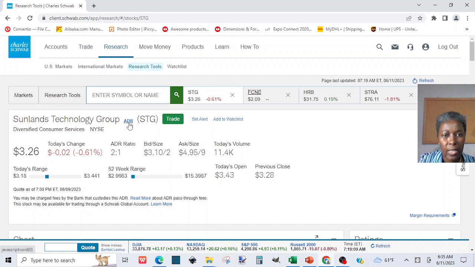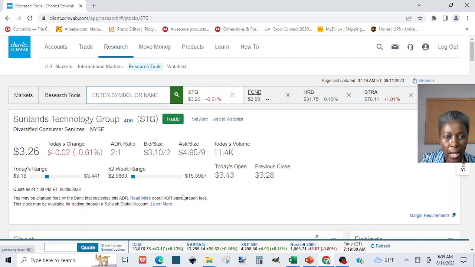It does have this ADR, so I will say that's an international company. But anyway, it's selling for $3.26. That's the current price, and it's closer to the 52 weeks low than it is to the 52 weeks high.